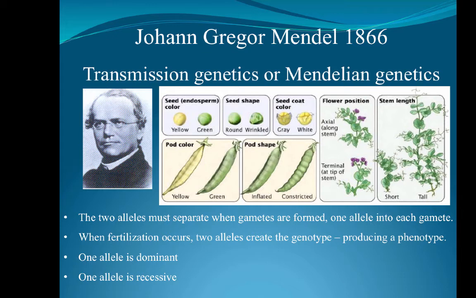After that gamete has been designated, then fertilization is going to occur, and 2 alleles are then going to come together and create the genotype, which is eventually going to lead to the phenotype through transcription and translation. He also determined that the dominant and recessive phenotypes during the first part of his work, where he identified that one allele ended up being dominant over the other allele, which was termed recessive.